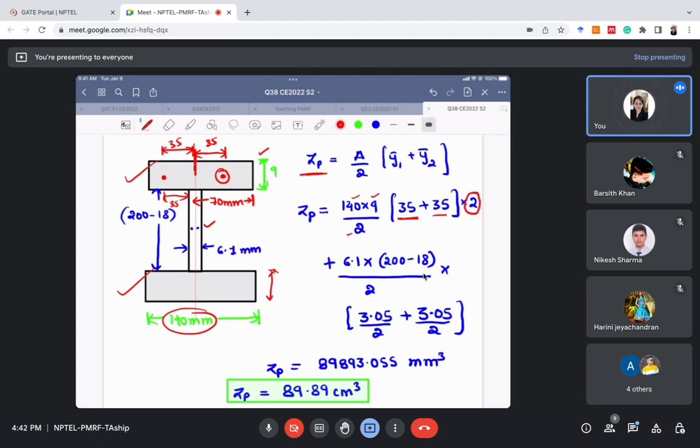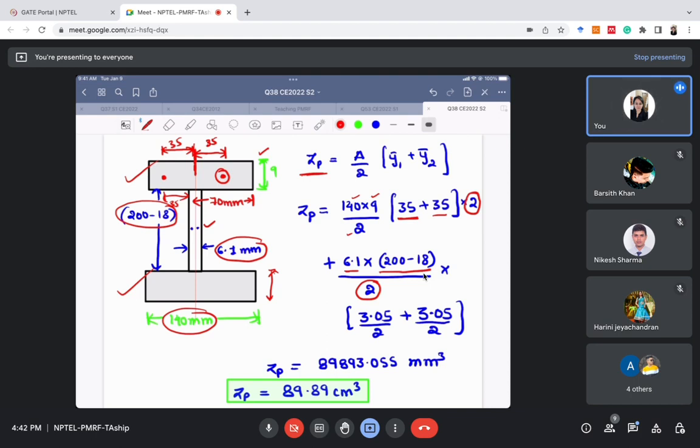Then again for this web, we will calculate the value of Zp. The area of this web is 6.1, the thickness, multiplied by the length of the web, which is 200 minus 18, so 6.1 multiplied by 200 minus 18, divided by 2, A by 2, multiplied by y1 bar plus y2 bar.